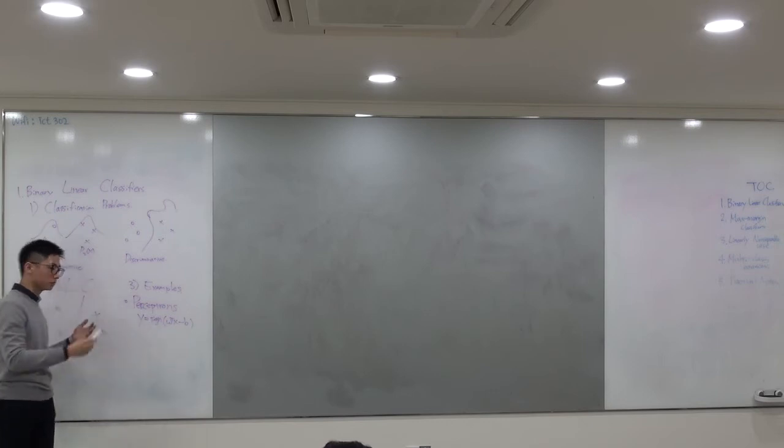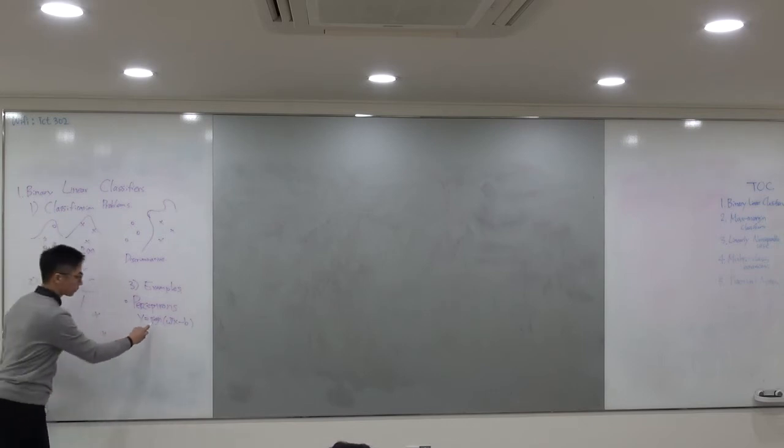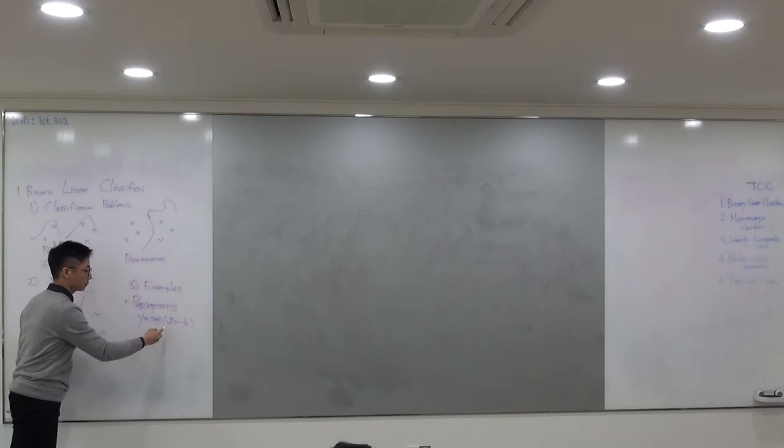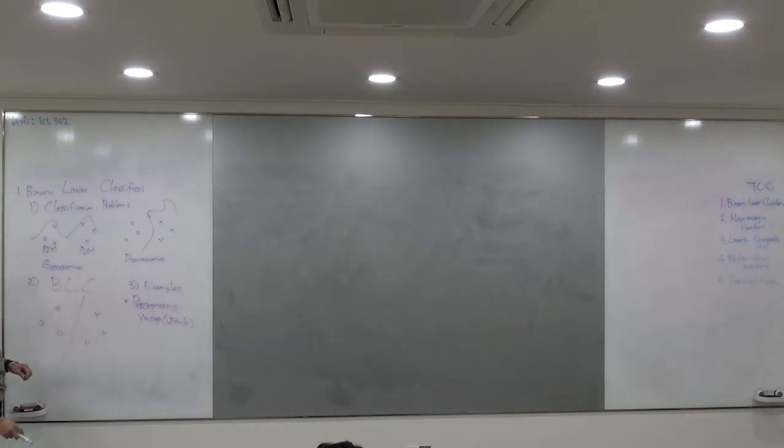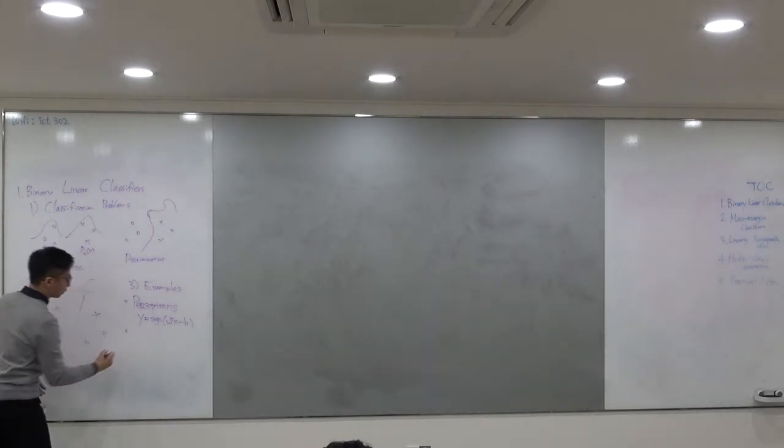The sign function will output +1 if this is positive, and it will output -1 if this is negative. So the Perceptron does this kind of inference.